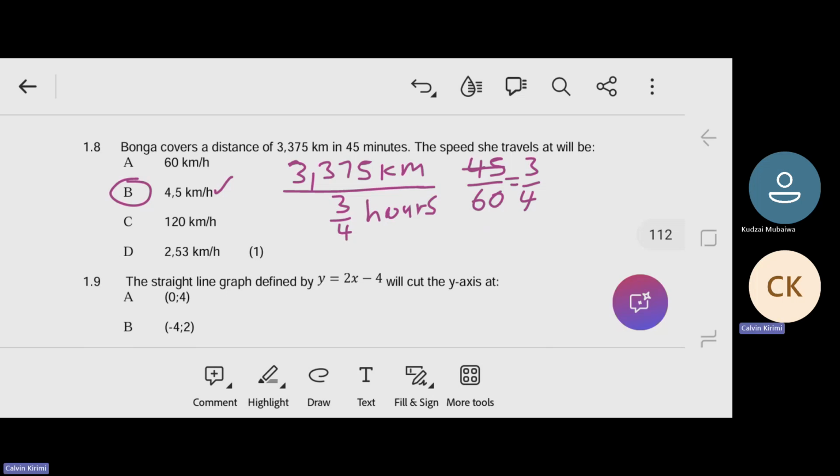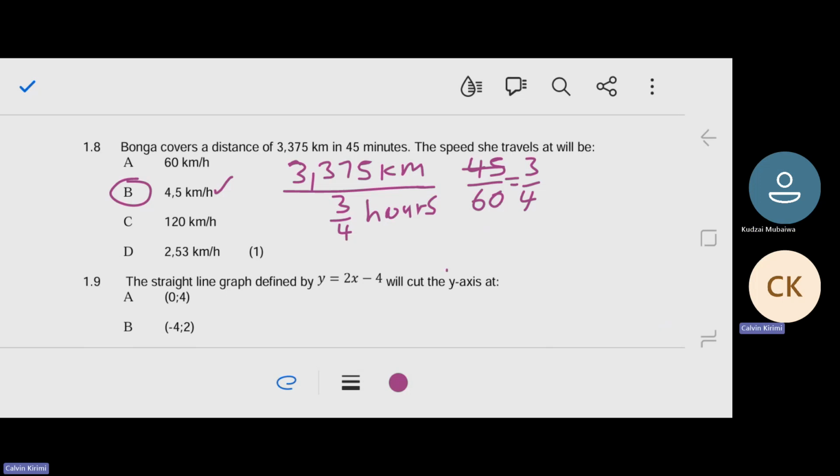We are just multiplying it by 4, isn't it? Yes, sir. Get 13,500. Then you divide by 3, and the answer is 4,500. Yes, sir.